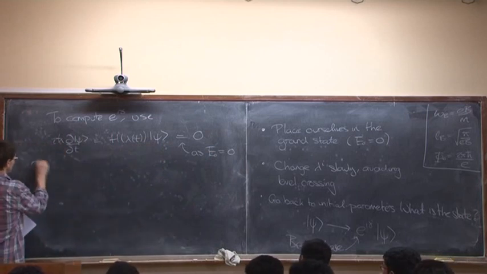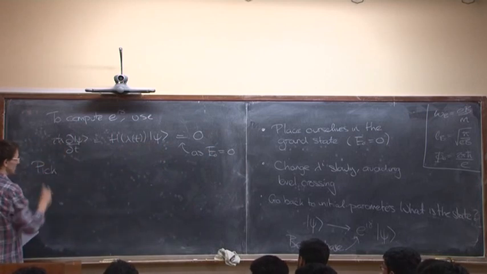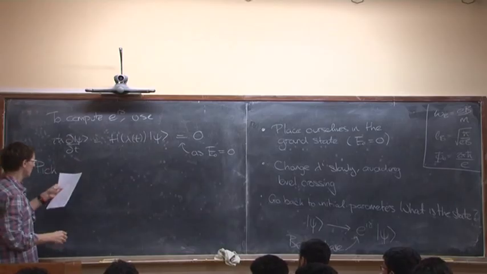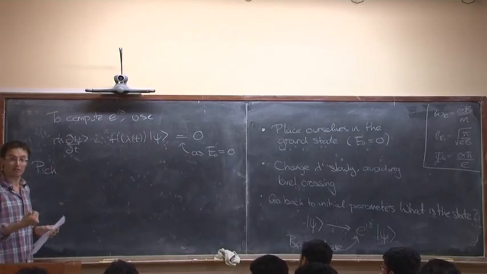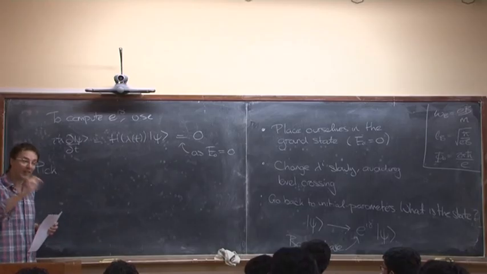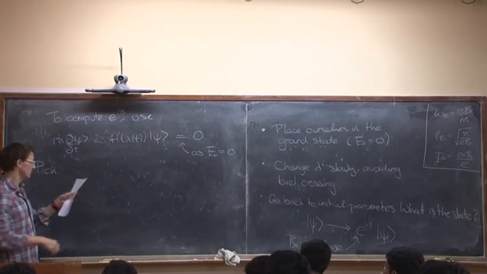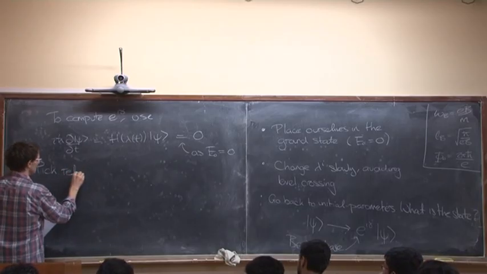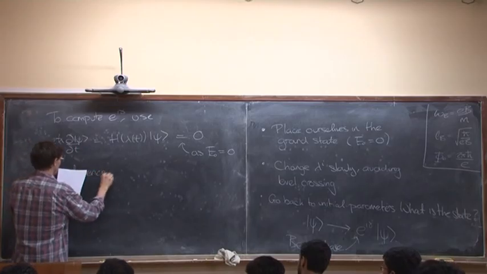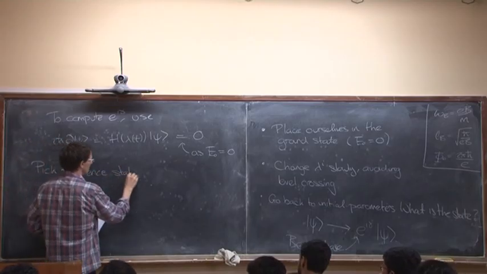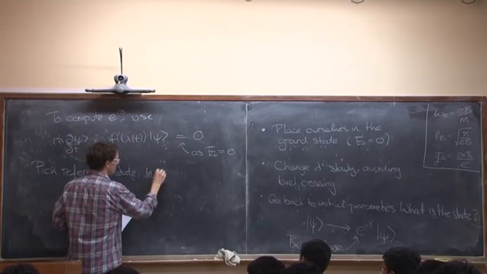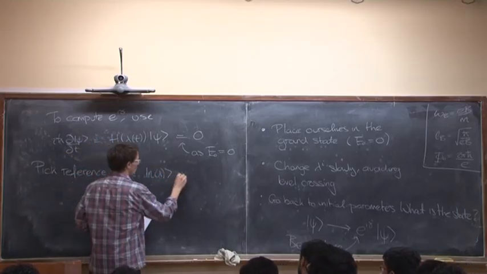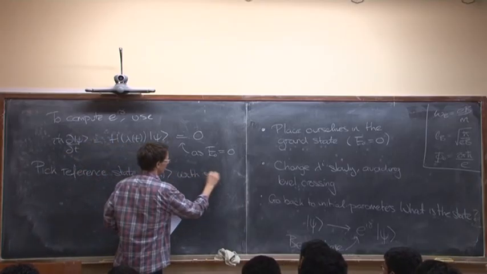And so now we do the following. At every value of the parameters, so at every choice of those dials, we're going to pick a reference ground state, n of lambda, with a very specific choice of phase.